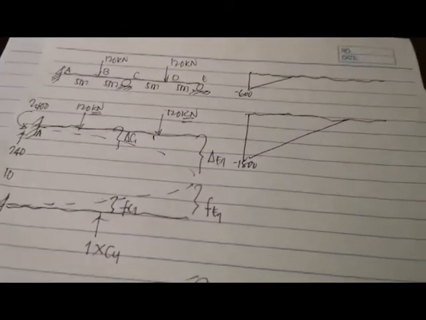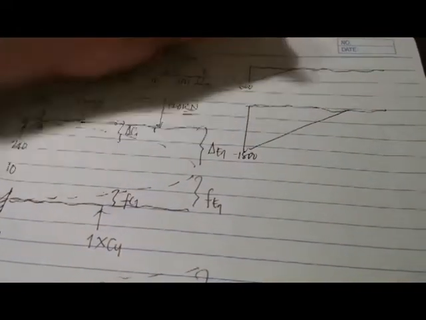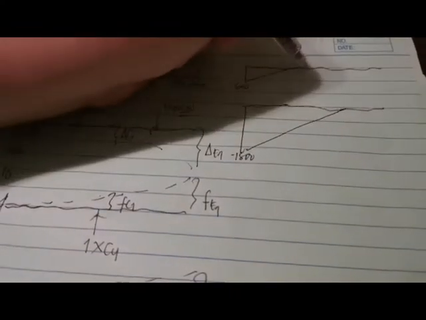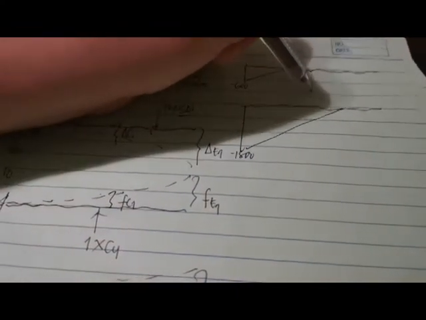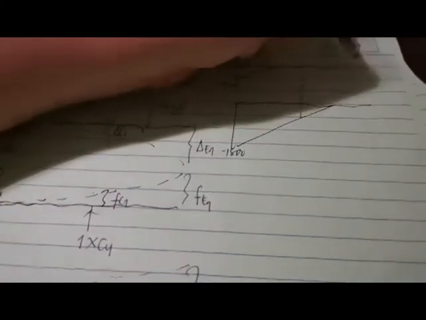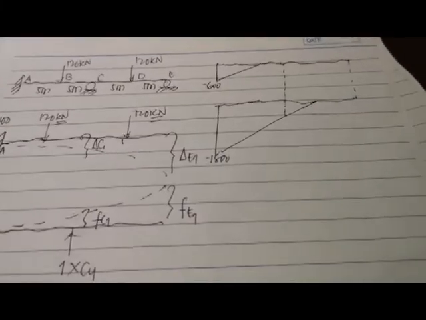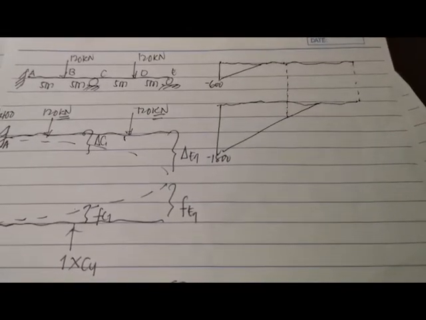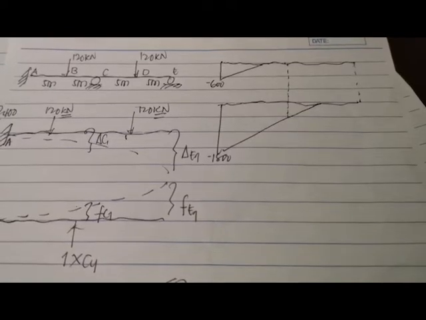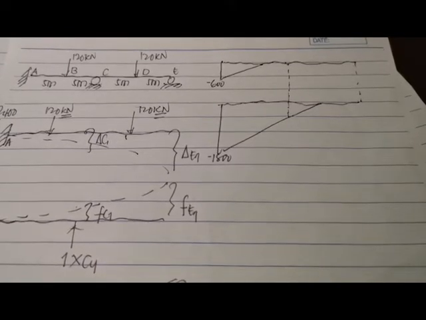Okay, and we are to solve for the deflections at point C, which is located at the middle, then at point E. Okay, so next thing that we need to know is kung ano bang method yung gagamitin natin when solving for deflections.